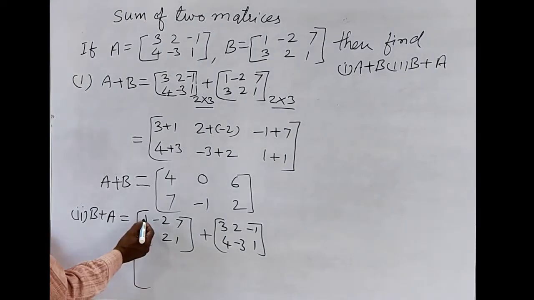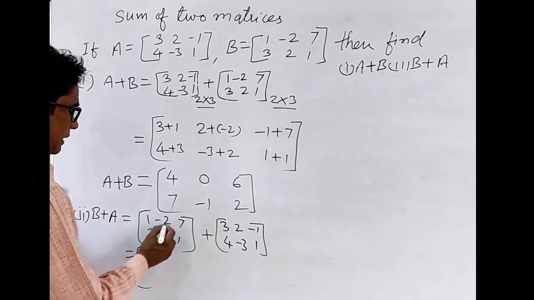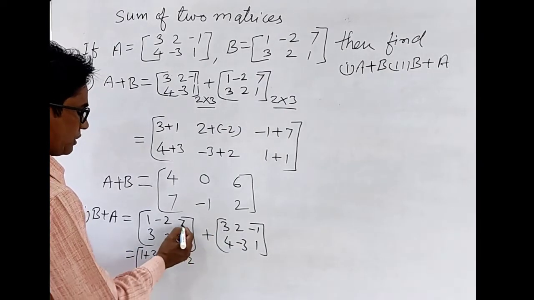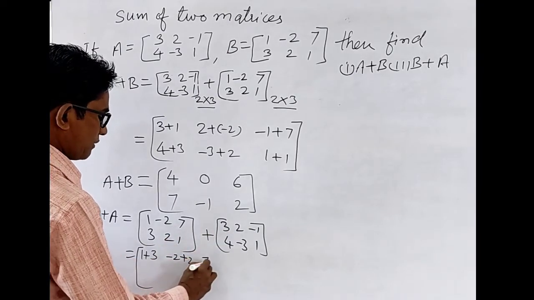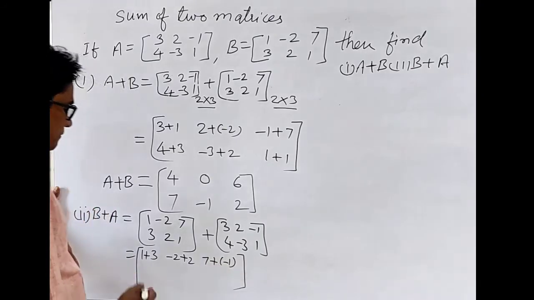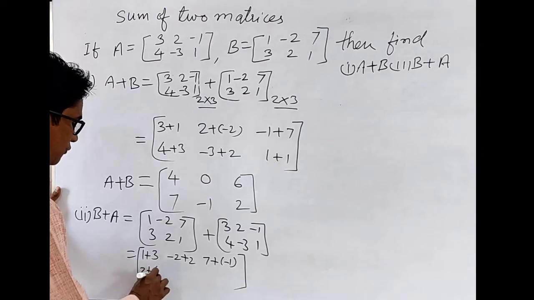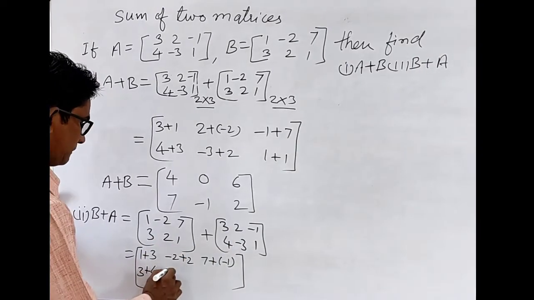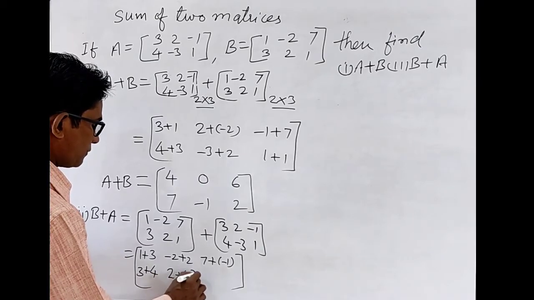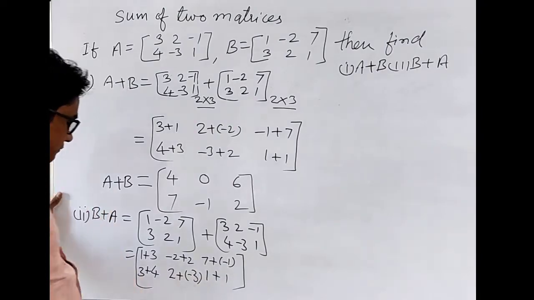So add first element with first element, that is 1 plus 3, minus 2 plus 2, 7 plus minus 1, 3 plus 4, 2 plus minus 3, and 1 plus 1.